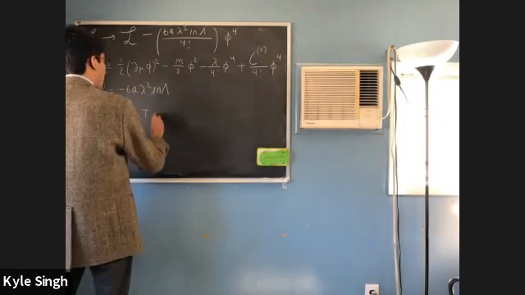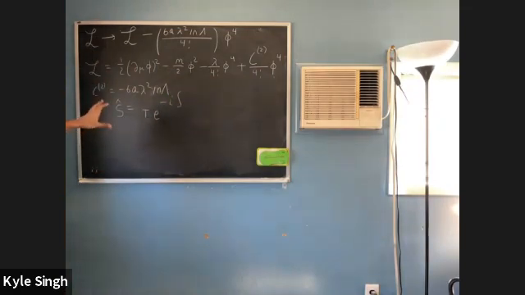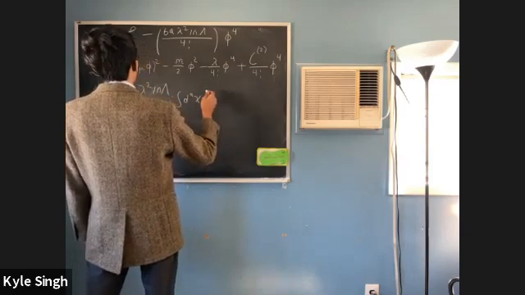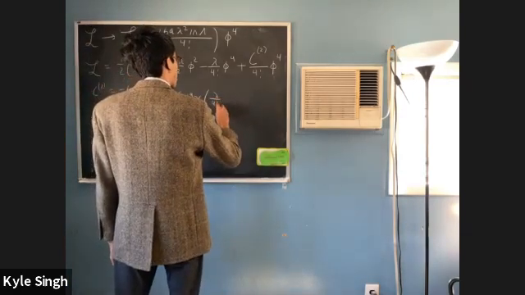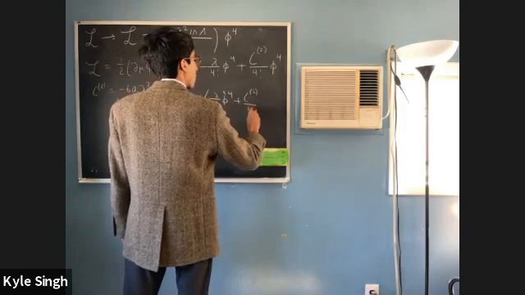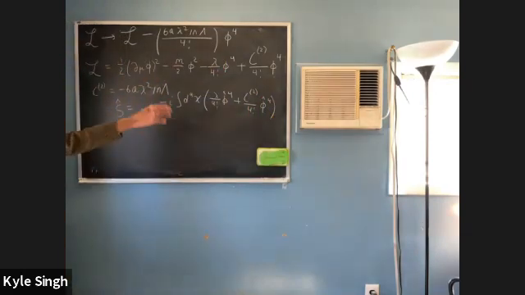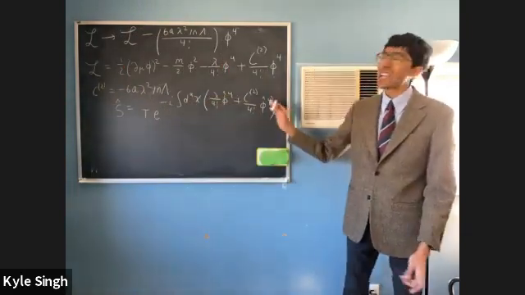We get some time ordered product of e to the minus i, the integral d⁴x of lambda over 4 factorial φ hat to the fourth plus C2 over 4 factorial φ hat to the fourth. This is just Dyson's expansion, the basic starting point. That's the new Dyson operator.